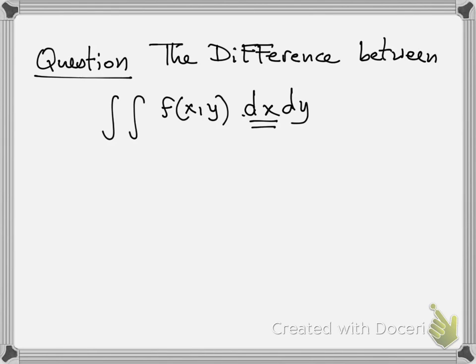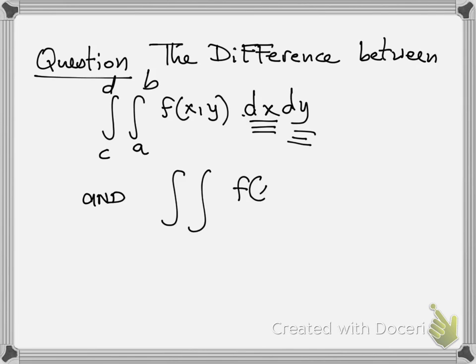Let's say x here is between a and b, and y is between c and d. So if you were to change the order of integration, is there a difference between this integral and the other one? So if you integrate with respect to y first and then x, of course you need to keep the corresponding intervals. So your y is between c and d, and your x is between a and b.